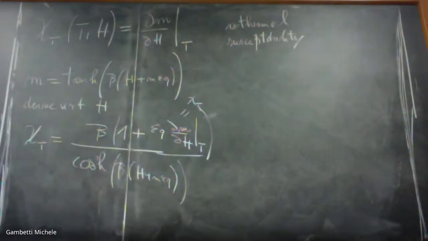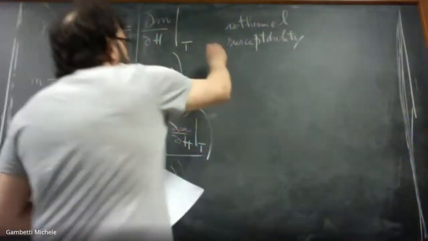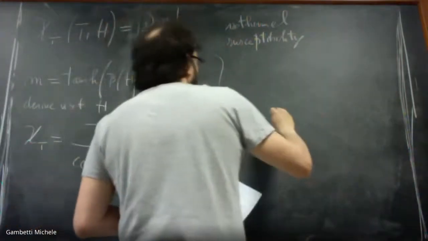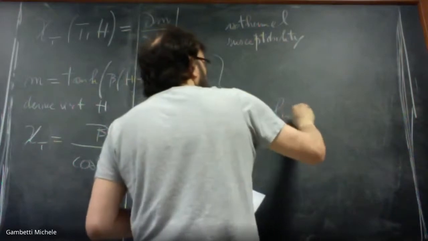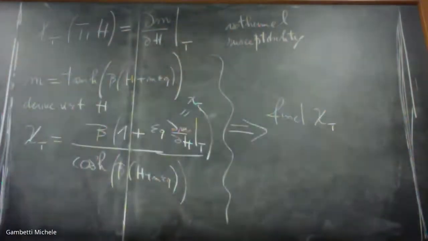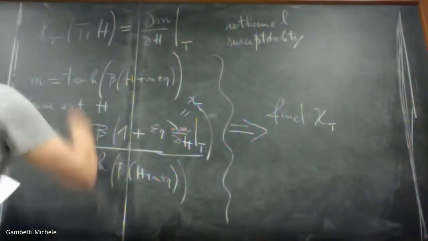Therefore, from here I can find this chi of T with just the algebra, and I get the following result.